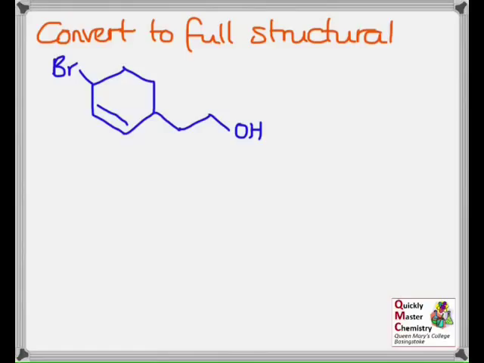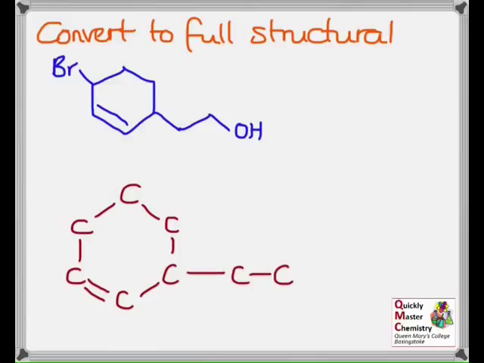So potentially a bit more exciting, this one. We've got a ring of 6 carbons in the form of a hexagon, 6-membered ring. And then if we add in the bits and pieces attached, we've got a double bond between 2 of the carbons. And then we've got this 2-carbon chain sticking off the side. We've got the OH group at the end of that.